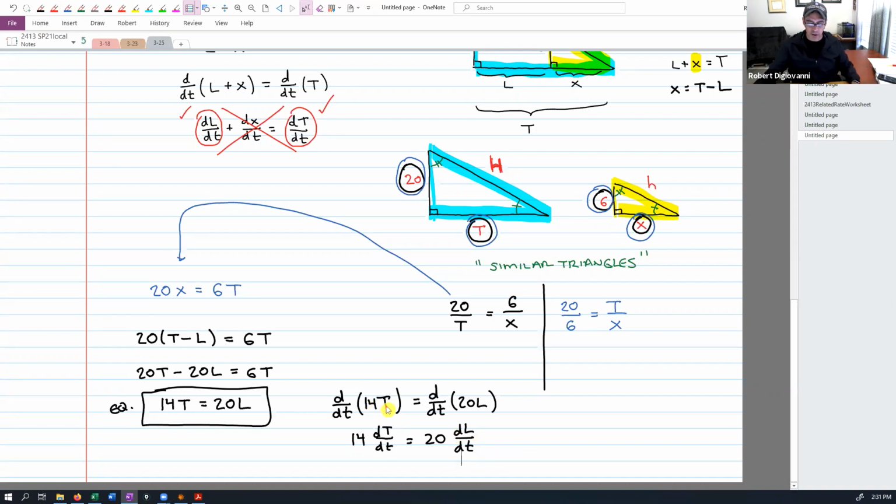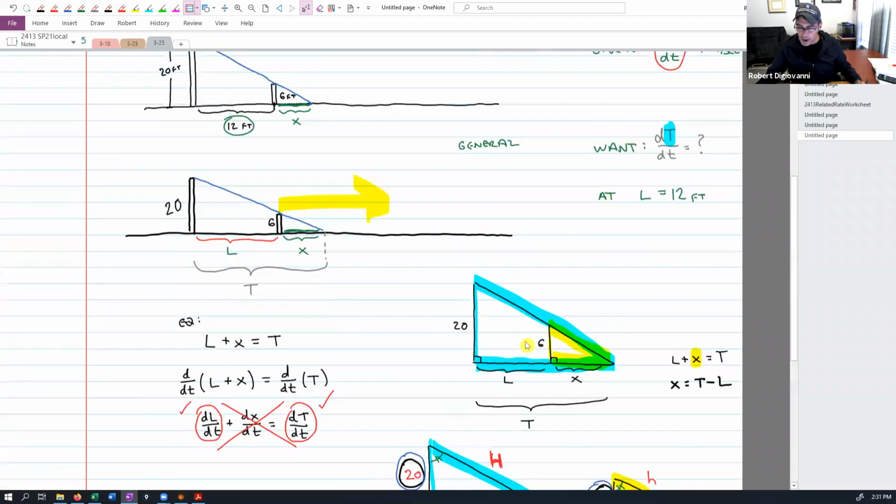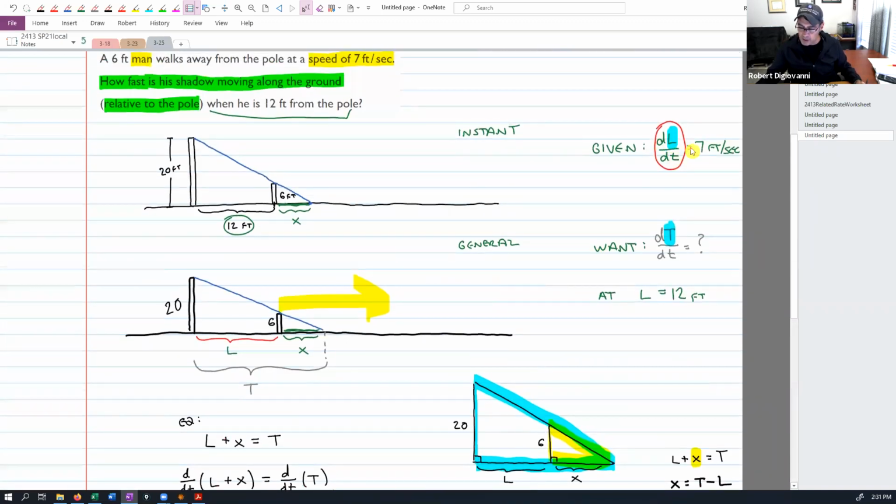Because it was 14 in front of T, I just bring the 14 for the ride, take the derivative of T. Because it's 20 in front of L, I bring 20 for the ride, take the derivative of L with respect to t. And now I should be able to do this because I know dL/dt is 7, and dT/dt is what I want.